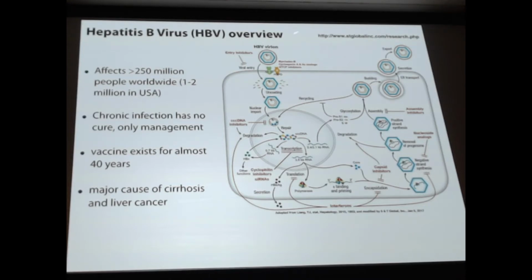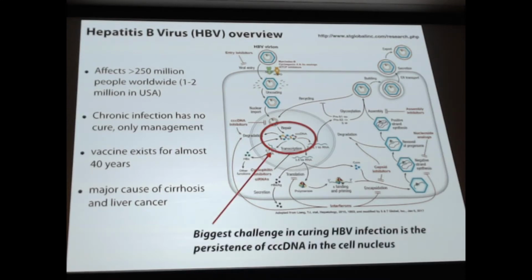So here's the life cycle of the HBV virus, or hepatitis B virus. It comes into the cell in a capsid, is liberated, starts replicating its DNA, and then producing more virus. And so there have been over the years a number of attempts to interfere with this process at various stages of the life cycle, but there's a major problem with them in that the biggest challenge is the persistence of this covalently closed circular DNA that remains in the cell even after treatment with a number of different drugs.